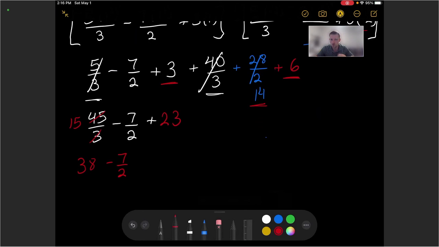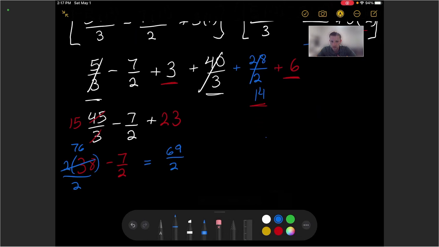If we go to represent this with a denominator of 2, we can multiply here and give one final result. 2 and 38 give us 76 over 2. So our final result here, we can say, is going to be 69 over 2.